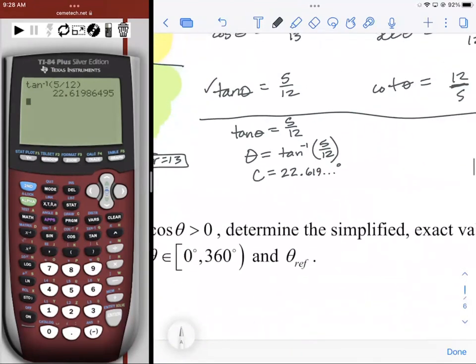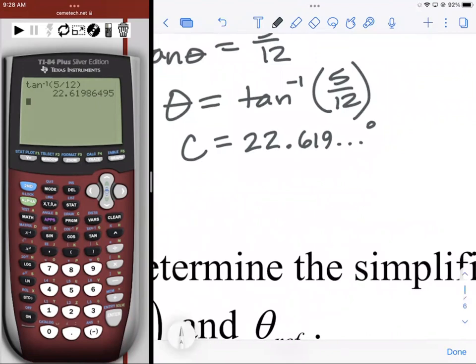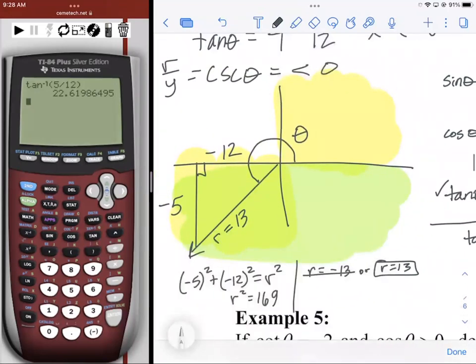So what would the reference angle be? 22.619. So yeah, this again is also my reference angle. It's not just C ref, it's theta ref, okay? And so now I'm going to use my diagram to tell me how to get theta from theta ref.